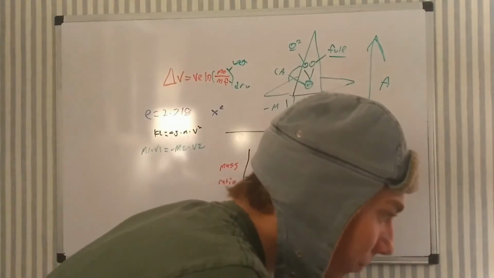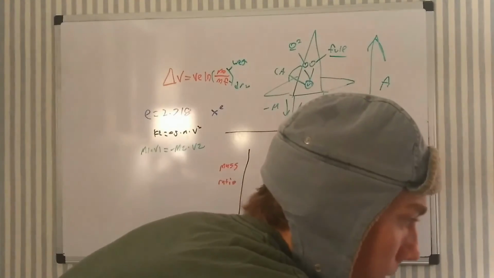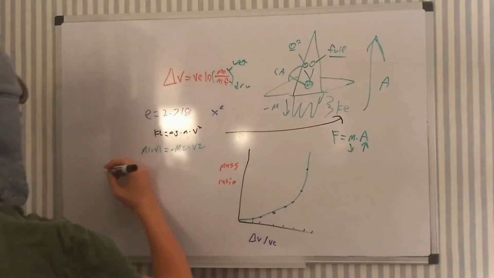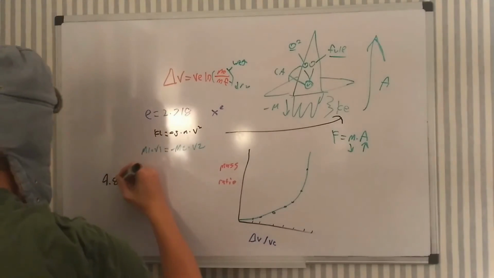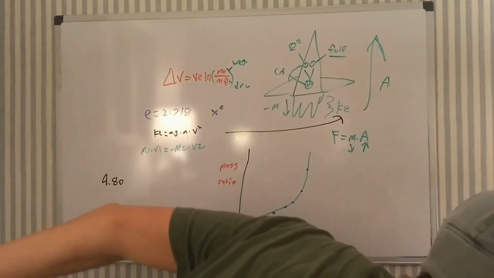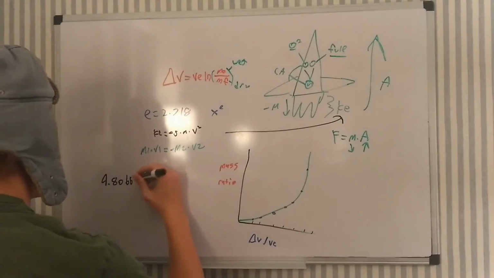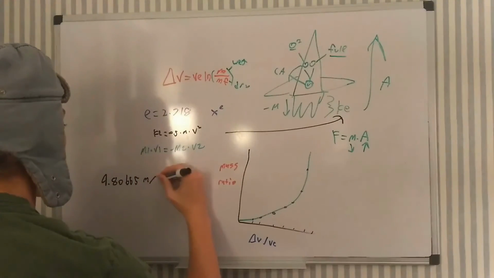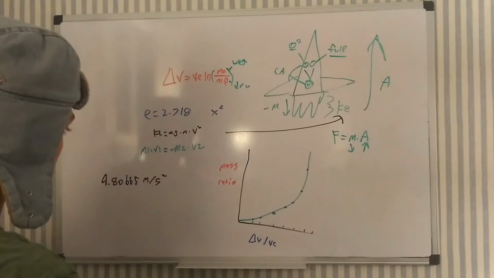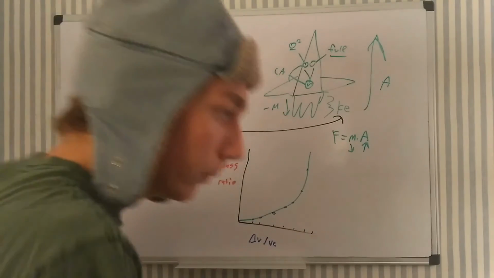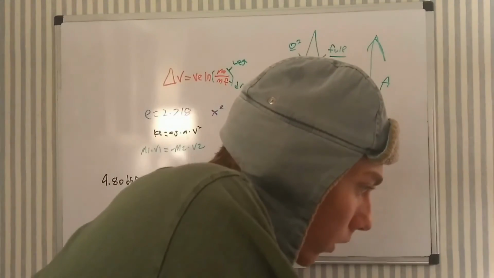All right, so I have the standard gravity pulled up here, and it's 9.80665 meters per second squared.